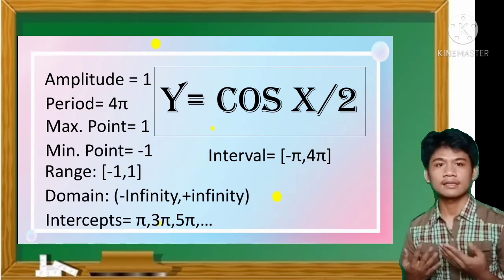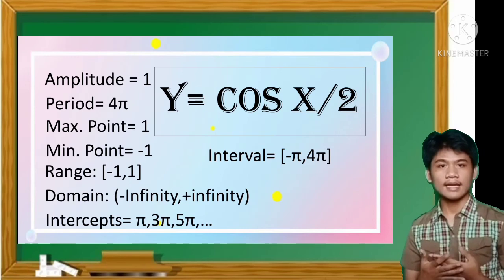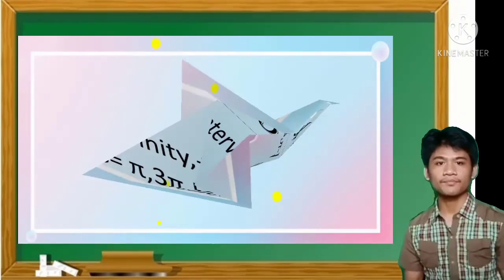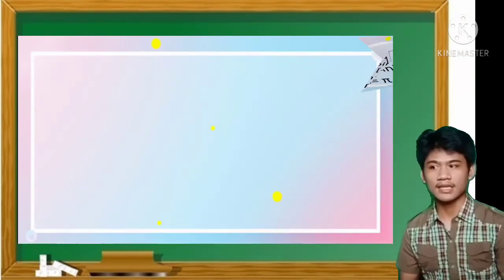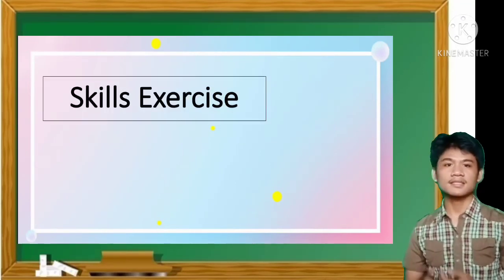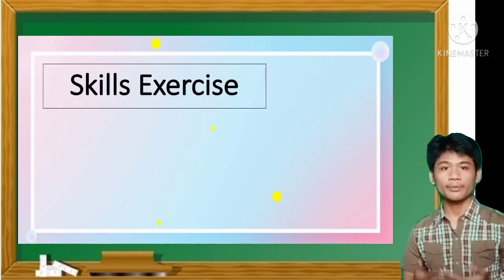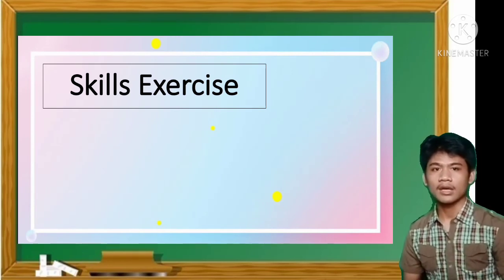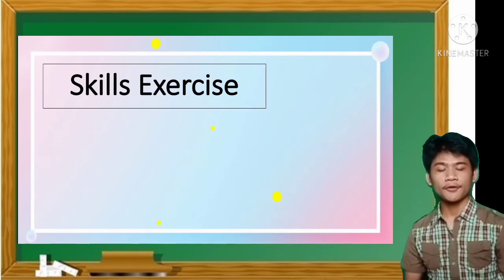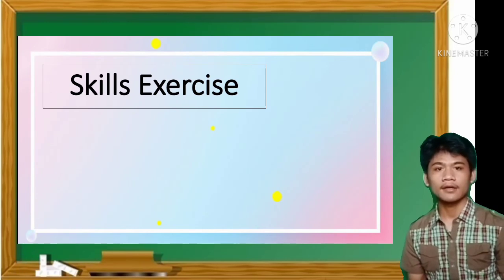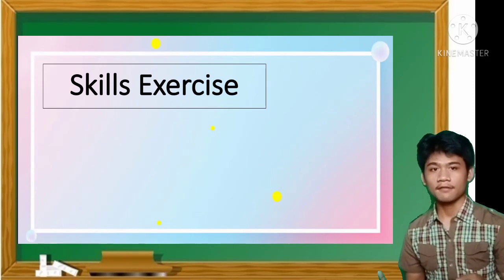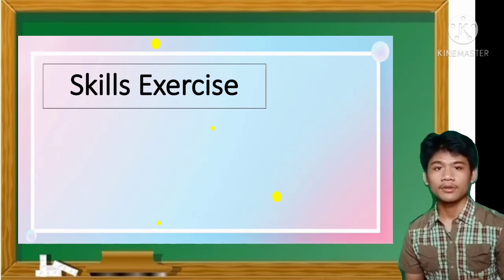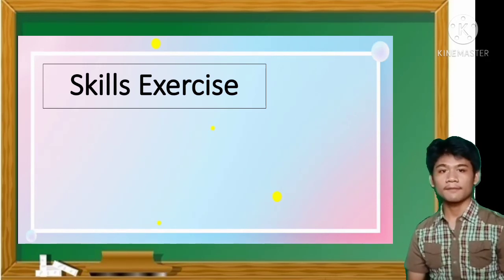To enhance your skills, these are the skills exercises given for you to practice at home. But I suggest that you use the GeoGebra app for you to have an accurate and relevant graph as your basis and for your better understanding.